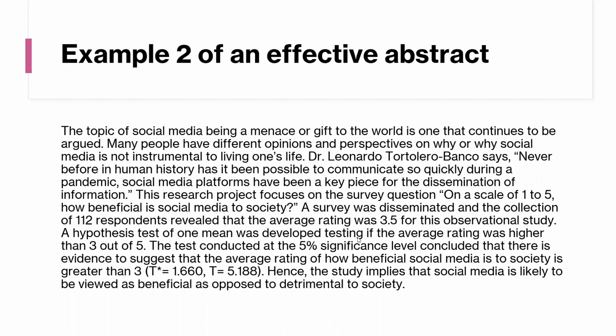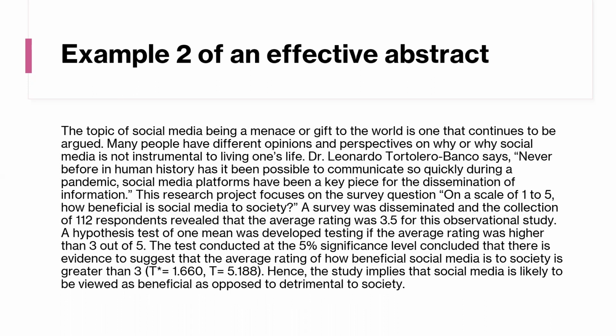They were testing to determine if the average rating was higher than 3.5. And notice that they said there was going to be a test, and it suggested that the average rating was higher, noting that T was 5.188, okay, and that the significance was greater than 3 for this. And then finally, the student suggests that social media is likely to be viewed as beneficial as opposed to detrimental to society, all right.